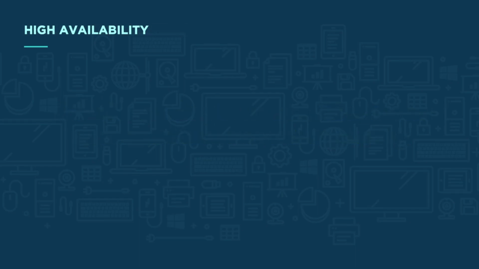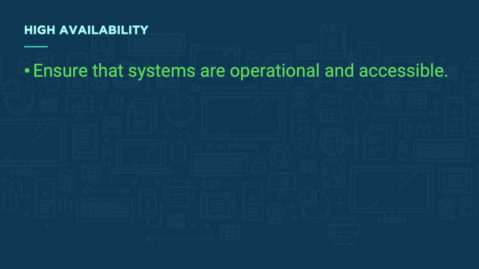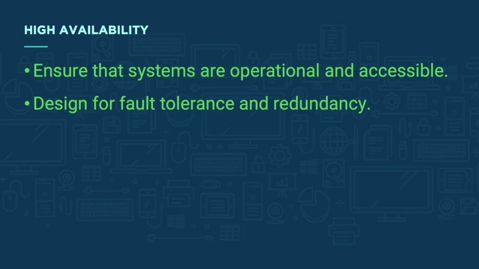High availability, or HA clustering, uses redundant systems that can automatically take over applications in case of failure, minimizing downtime. High availability is crucial in IT infrastructure, ensuring systems remain operational and accessible with minimal downtime. It involves designing and implementing hardware components, servers, networking, data centers, and physical locations for fault tolerance and redundancy.